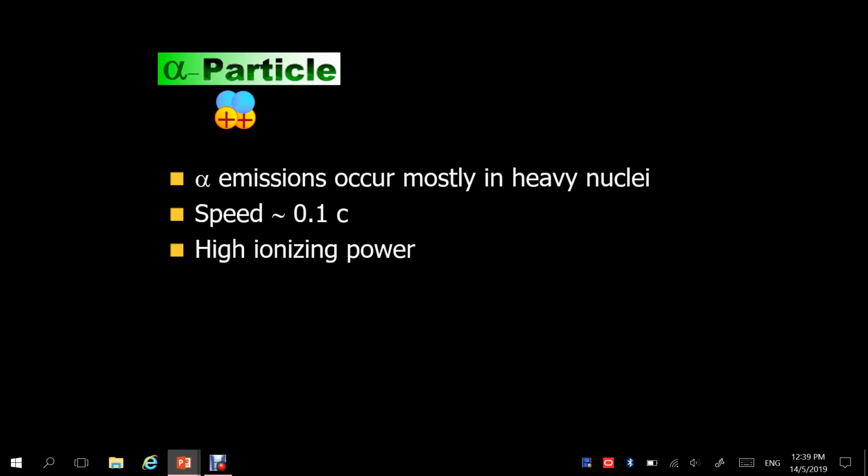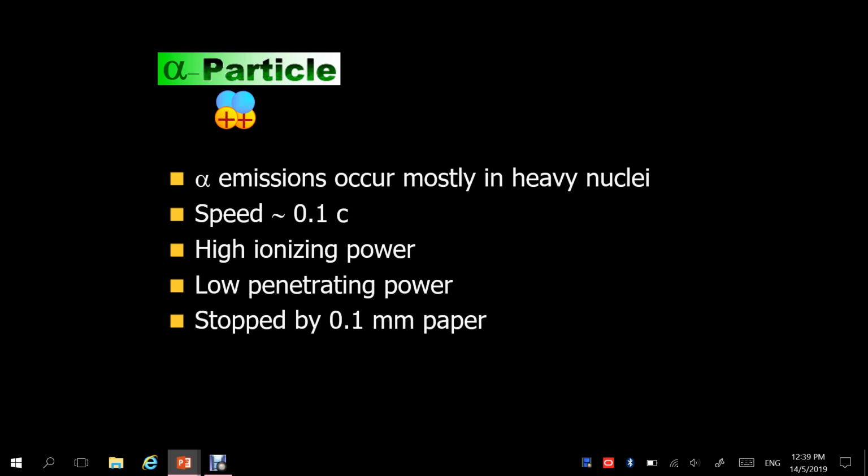The speed is only 0.1 c, therefore it has high ionizing power. That means when it passes by the molecules, it will interact with them and ionize them. So as a result of the high ionizing power, it tends to lose energy faster and therefore it cannot travel far. So it has low penetrating power.